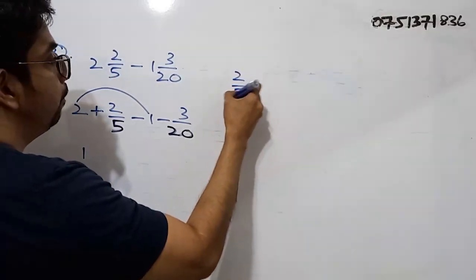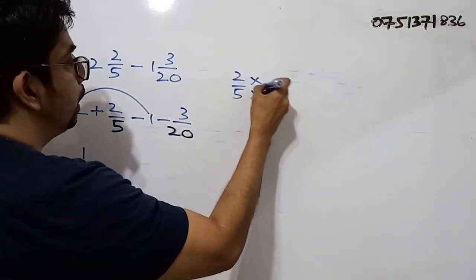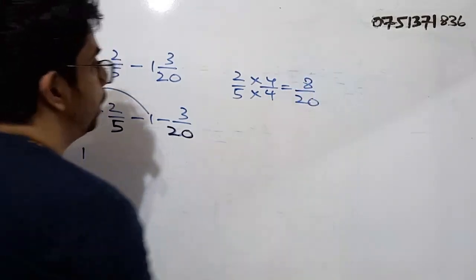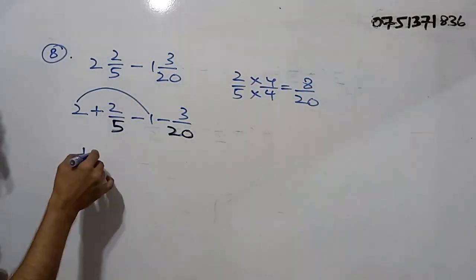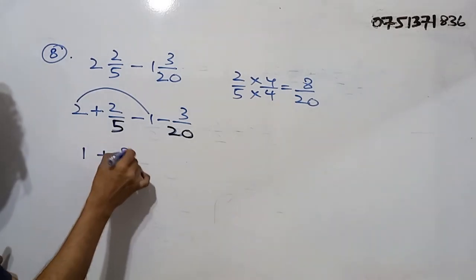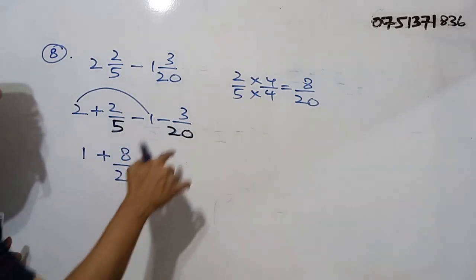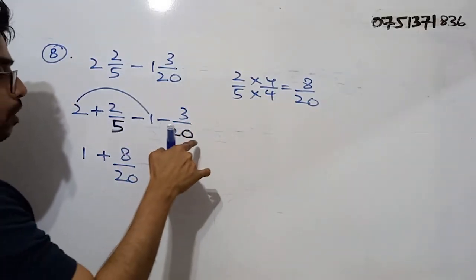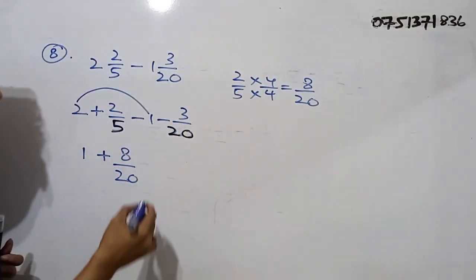For 2 by 5, I will have to multiply both numerator and the denominator by 4. So what will I get? 8 by 20. So 1 plus, I can write instead of 2 by 5, 8 by 20. For 3 by 20, we don't have to do any conversions because the denominator is already 20.